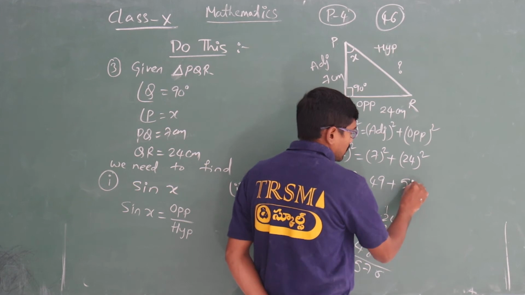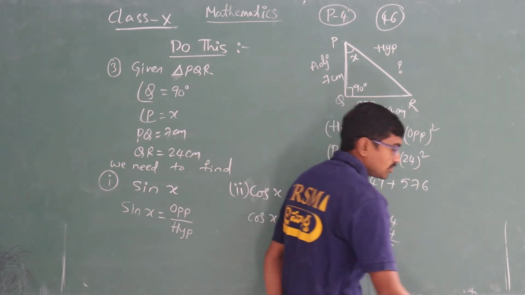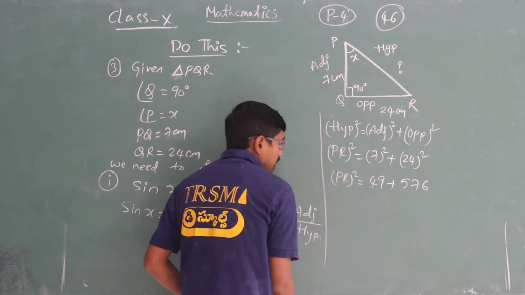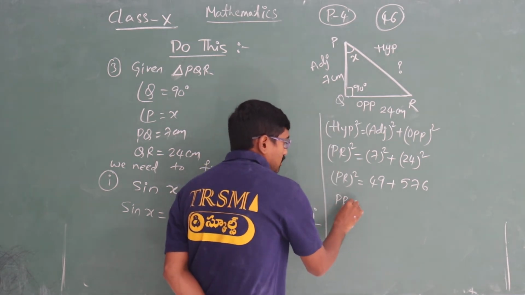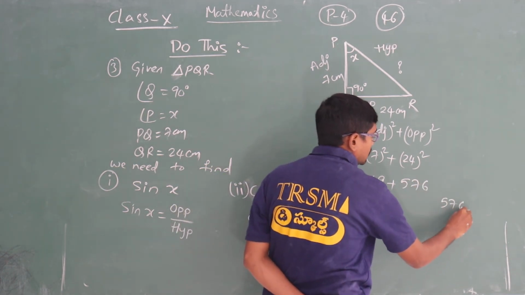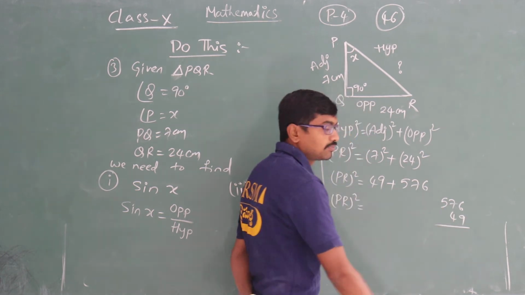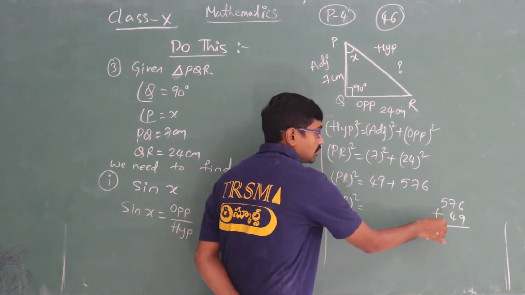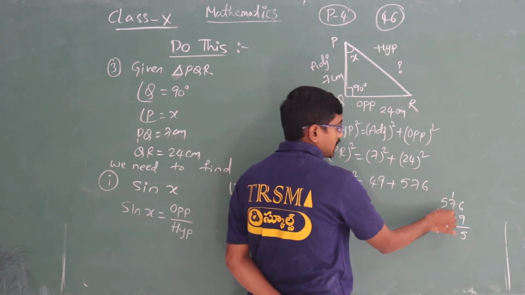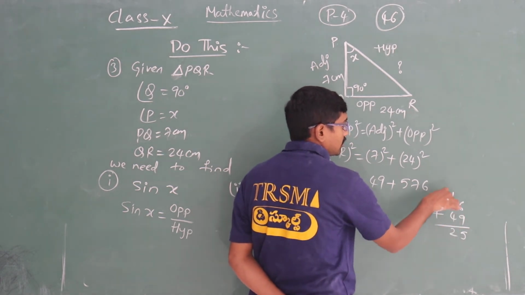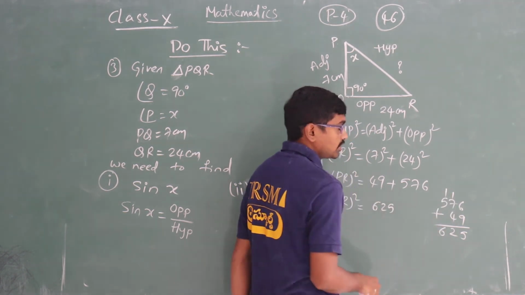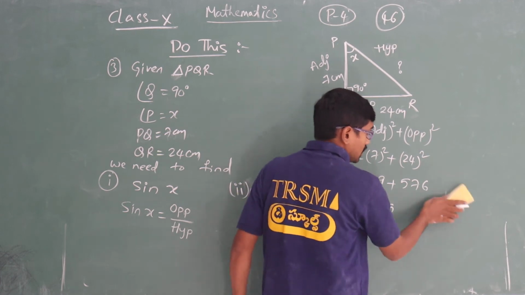So similarly, PR whole square is equal to, if I add both, 576 plus 49. Adding both, 9 plus 6 is 15, 7, 8, 9, 10, 11, 12, 5 plus 1 is 6, so 625.